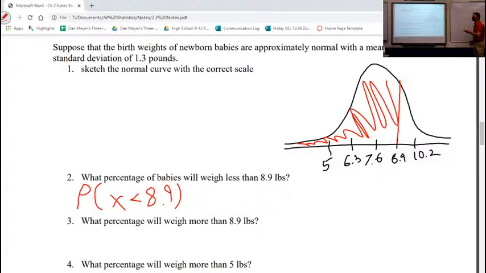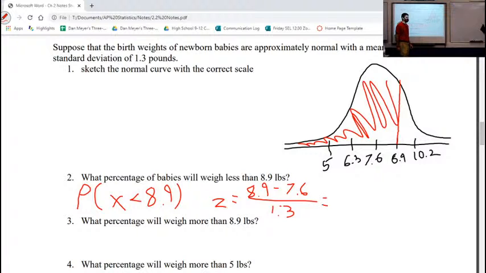Another way you can think about this, if I did a z-score, the z-score here would be 8.9, the value, minus the mean of 7.6, over the standard deviation, which was 1.3.